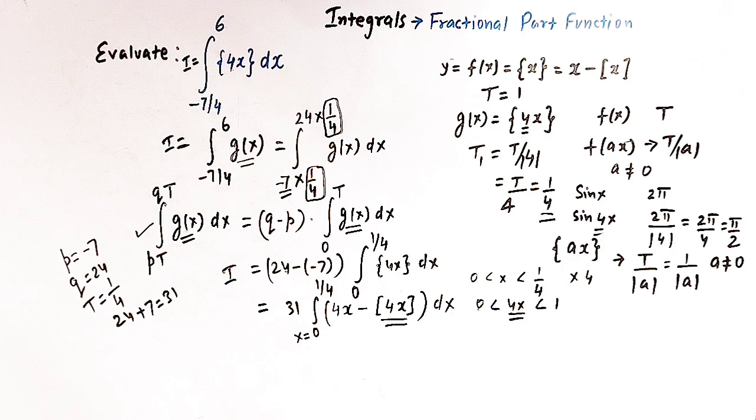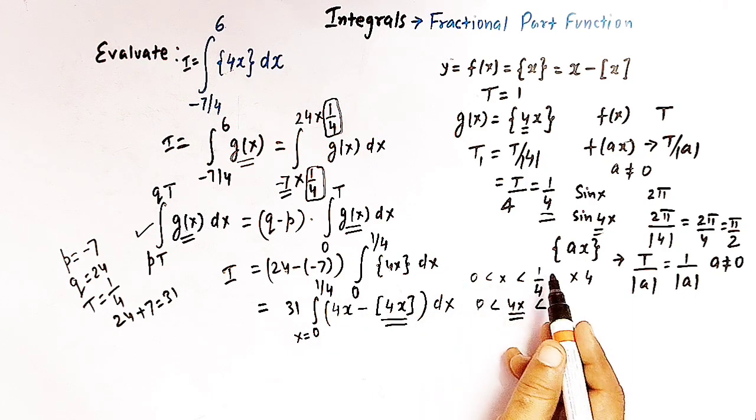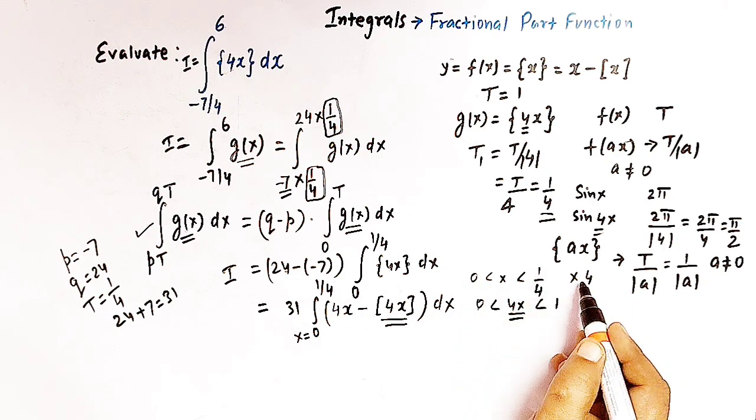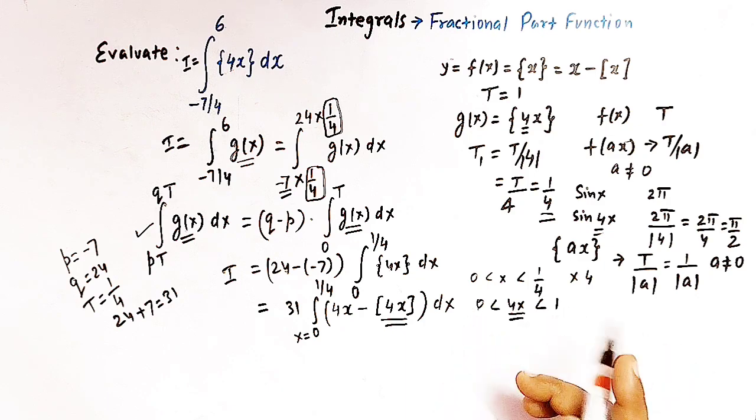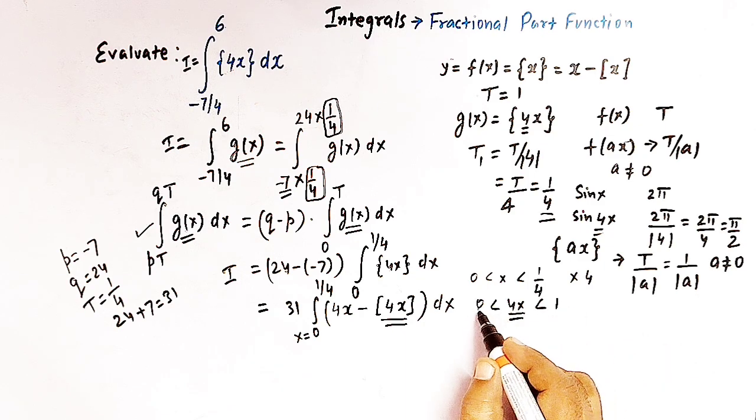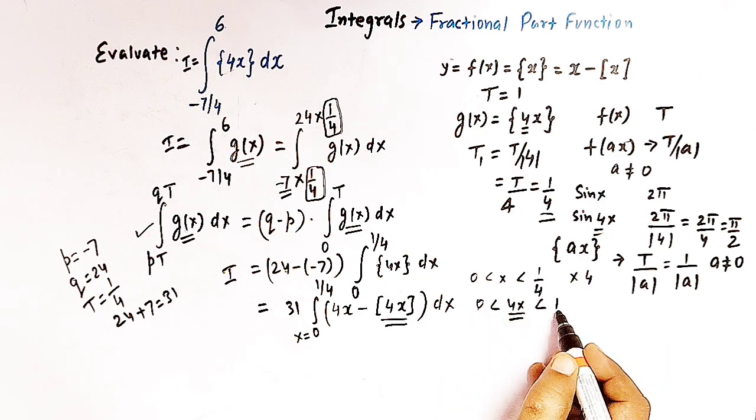So this inequality suggests that 4x lies between 0 and 1. What we have done here: the limits of integration vary from 0 to 1 by 4, so x lies between 0 and 1 by 4. If we multiply this inequality throughout by 4, we get this inequality, and it claims that 4x lies between 0 and 1.